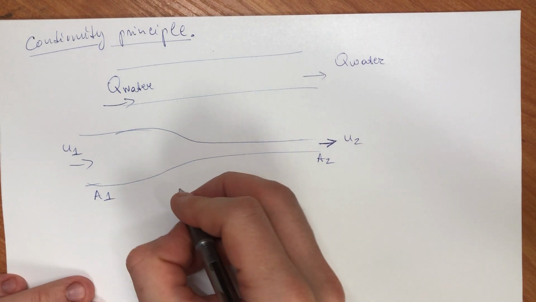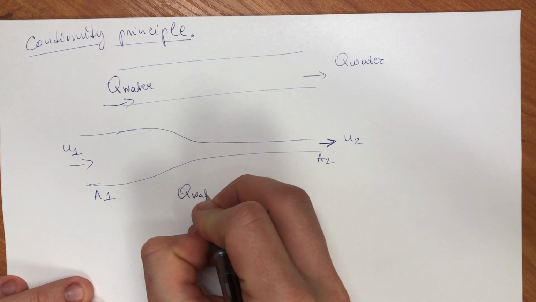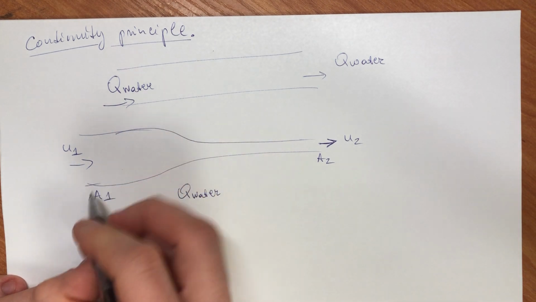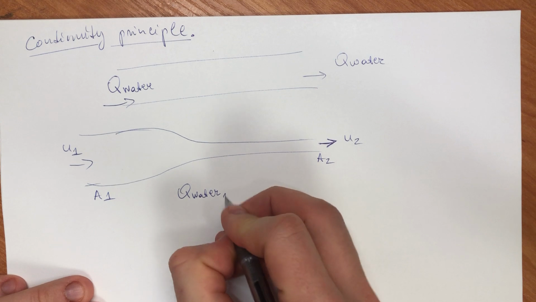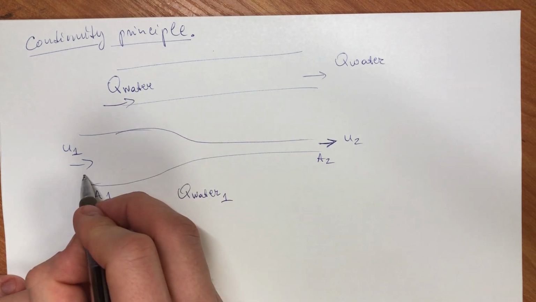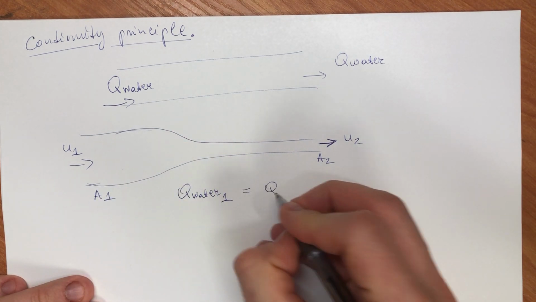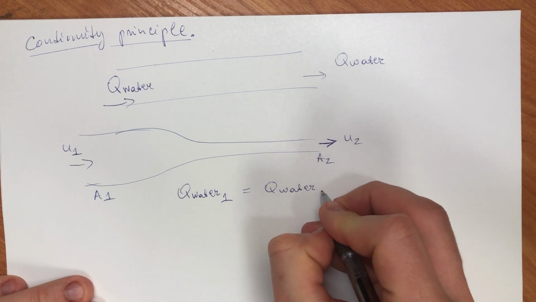As we know, Q water 1 at this point should be equal to Q water 2.